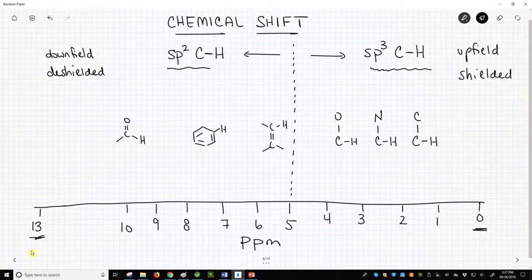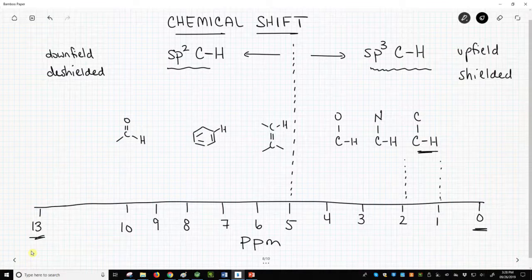Within these broad categories, we have additional regions. For sp3 CHs on the right, if the carbon is only next to more carbons, the H will be in the 1 to 2 ppm range, maybe 1 to 2.5.